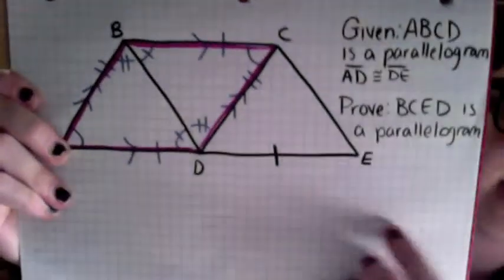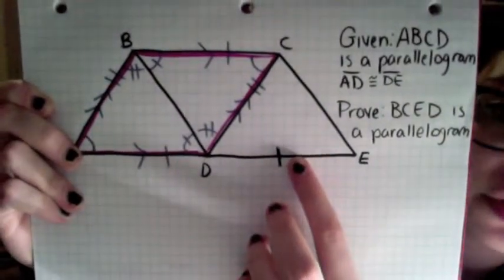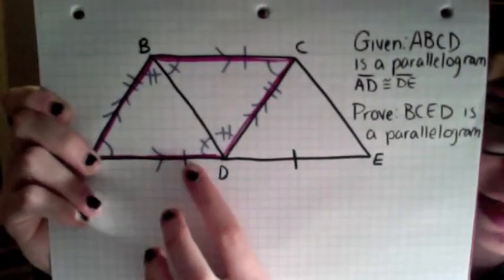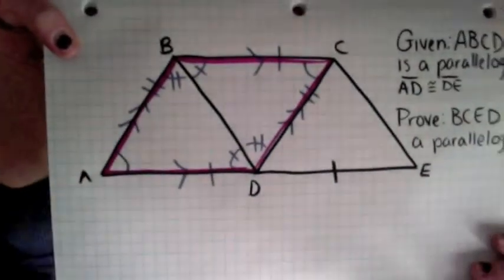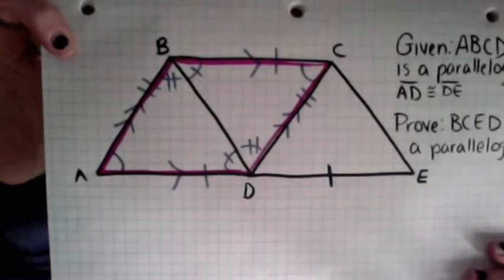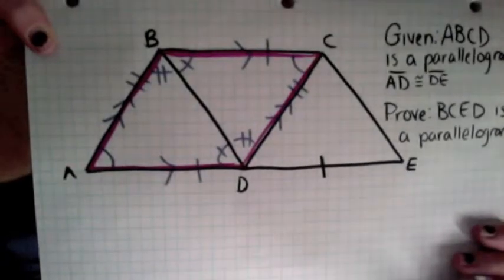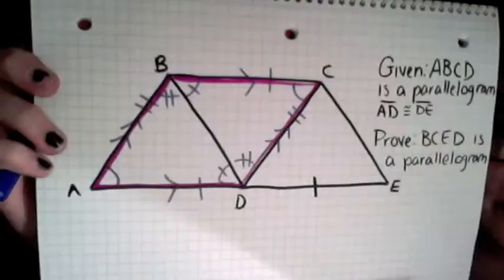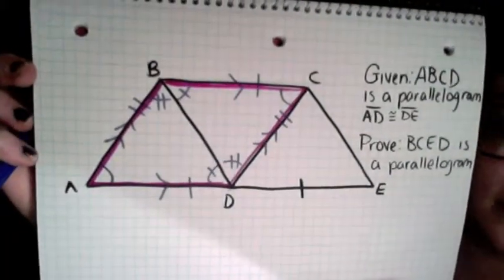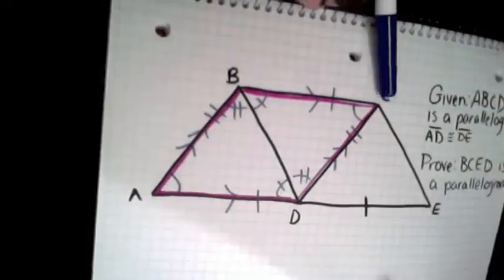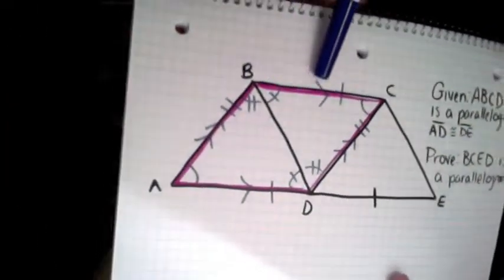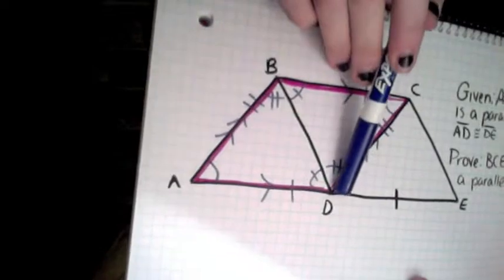Basically what we have is this. I forgot to mention earlier that we also know that this is congruent to this. The pink is just so you can see the parallelogram that was given clearer, and the blue is what I added in just to mark it up so it's clearer to understand. So looking at this diagram, there is another thing that we can add. It is the z. That's what I like calling them.